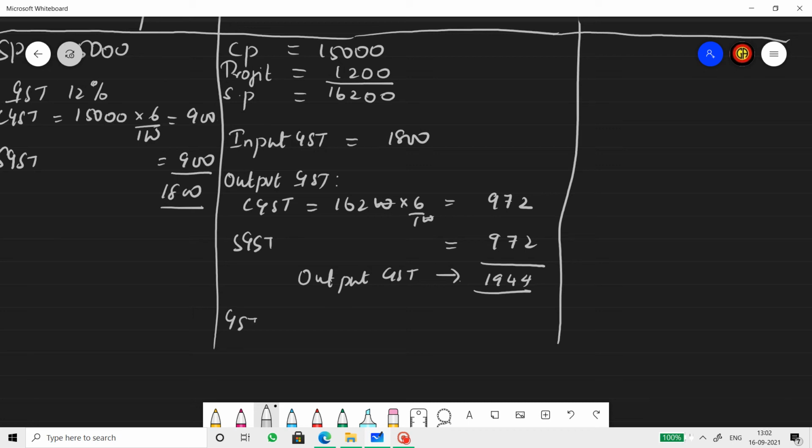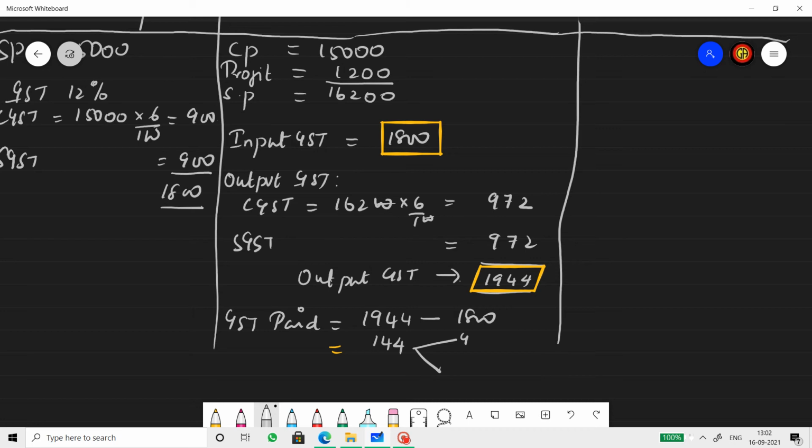So GST paid by the wholesaler to the garment is 1944, that is output GST, minus input GST of 1800. So 1800 is input GST, 1944 is output. So this will be the GST paid, which is 144 rupees. Make a point to this also.